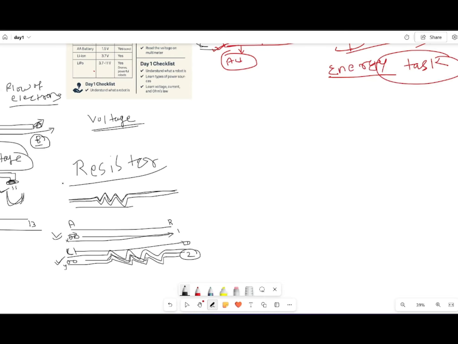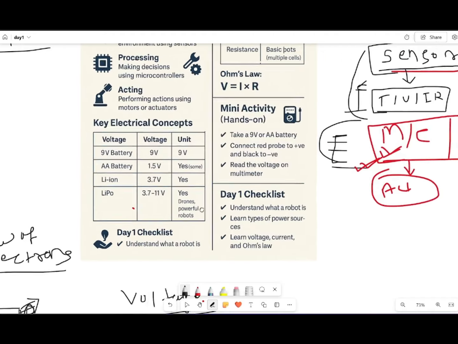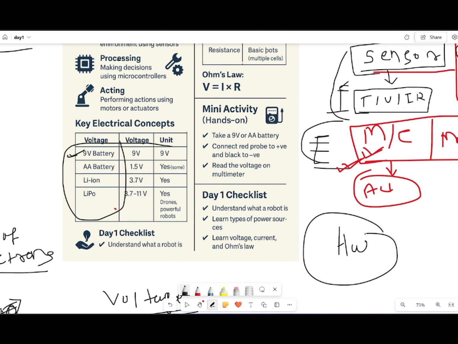Now we will see how we are going to use our battery and all these things. We have different types of batteries here. A 9-volt battery, if you have seen one. And AA batteries, which we basically use in remotes, robotic cars and toys.